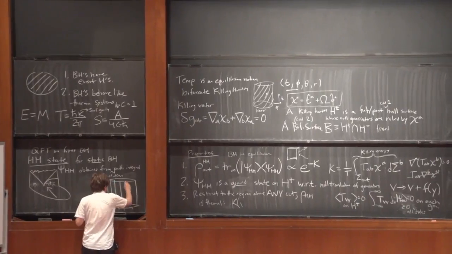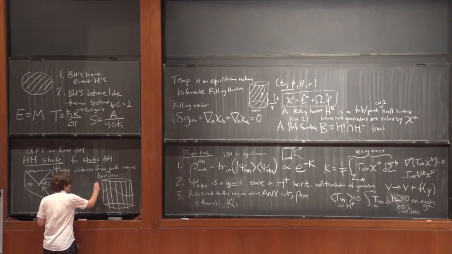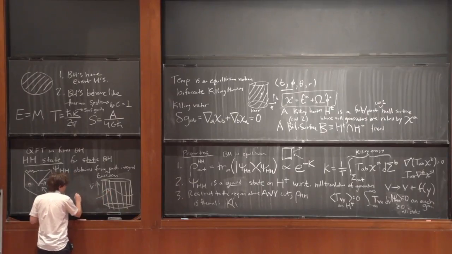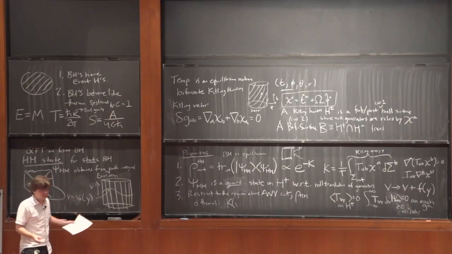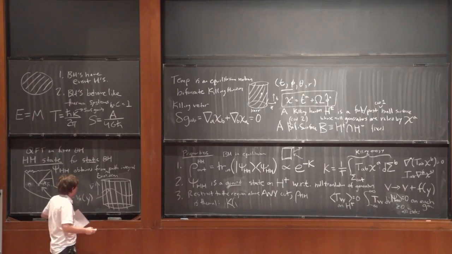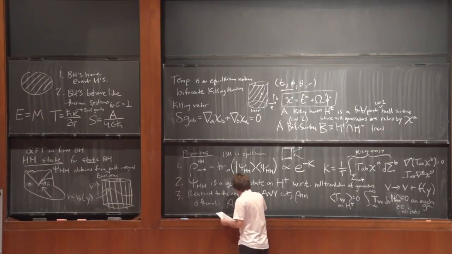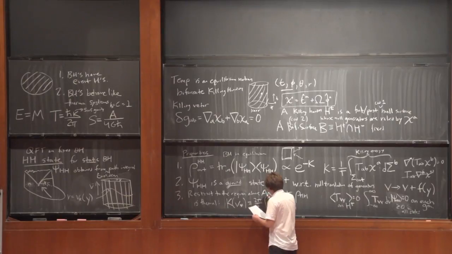So here's the generators of the horizon. Here's some cut. I have a v coordinate, that's the null coordinate, and I define my cut by some function v equals v star of y. So v star is my cut, and y is my transverse directions. The modular Hamiltonian as a function of this cut is given by something that looks like the Unruh modular Hamiltonian.